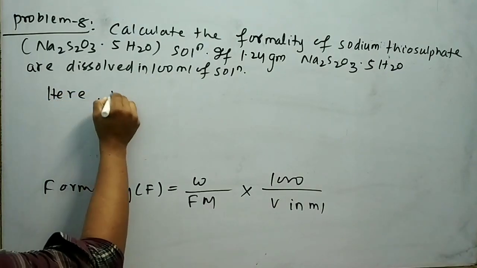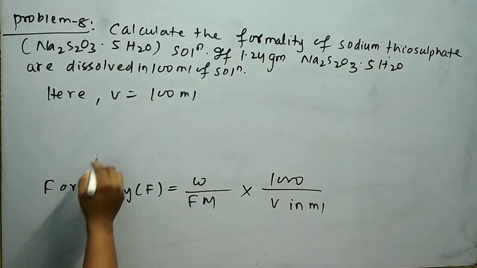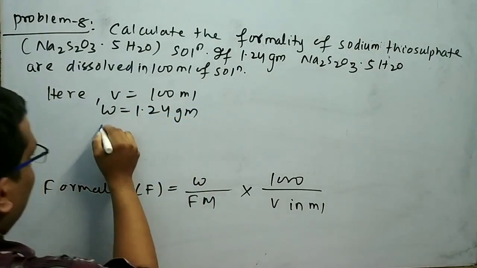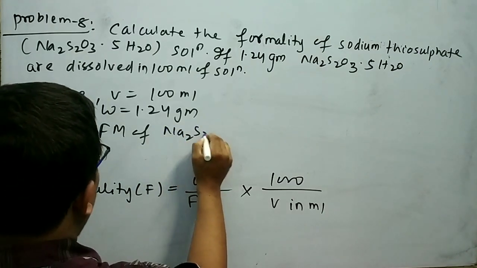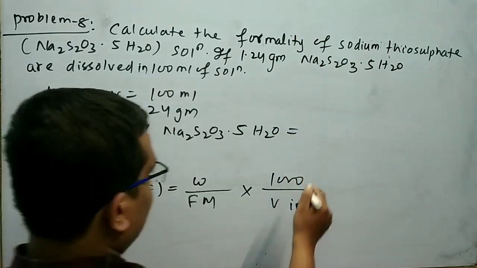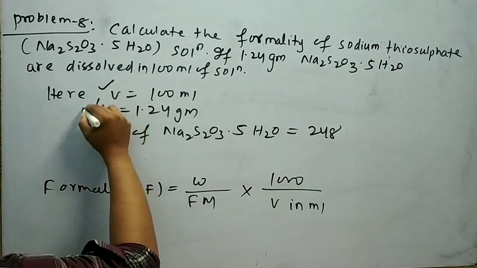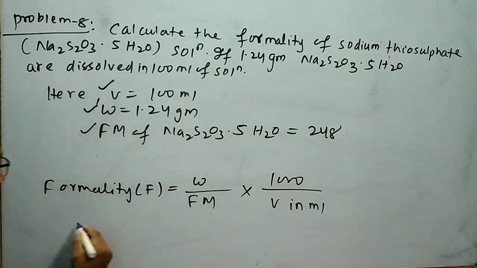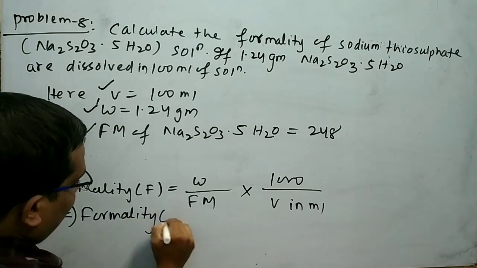Here V is 100 ml, W equal to 1.24 gram, formula mass of Na2S2O3.5H2O equal to 248.